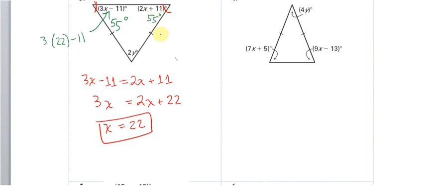So to solve for y, we can say that 2y plus 55 and 55, which is 110, is equal to 180. Subtract 110 from both sides and you get 70. Divide by 2 and we get that y is equal to 35.